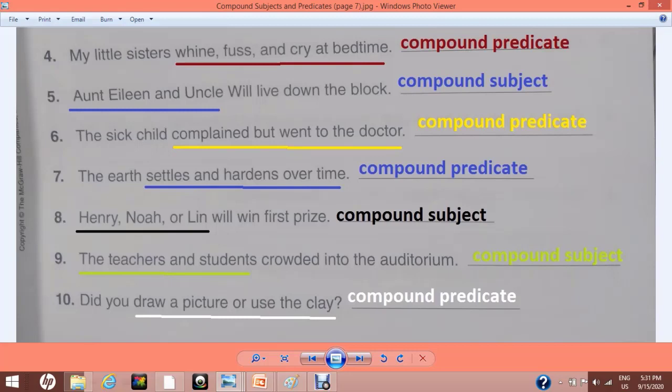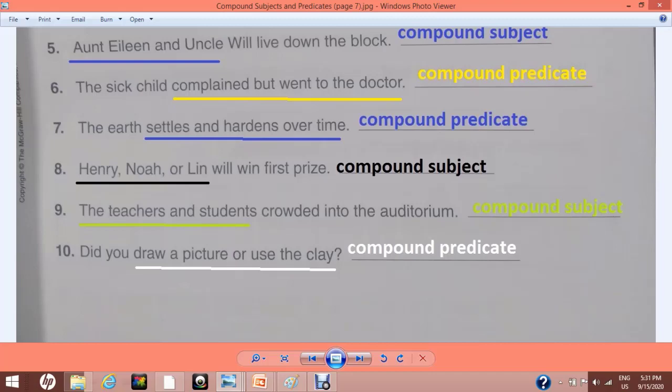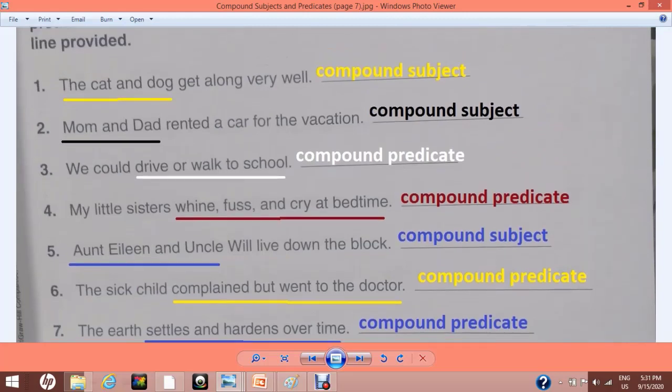So two different kinds of groups are doing one action, so it will be compound subject. Last one, did you draw a picture or use clay? So draw a picture or use clay will become compound predicate. You can see number 4, my little sister whine, fuss and cry at bedtime. So these three verbs or actions will be called compound predicate.